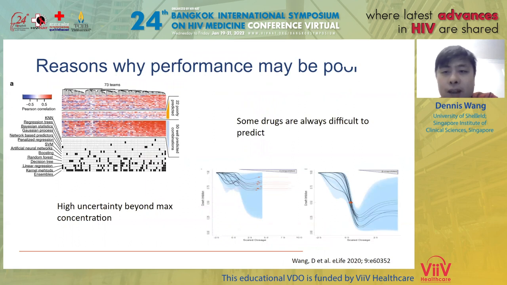But when we look at the predictions a bit more deeply, we can see that certain drugs are predicted well, but there are also many drug combinations that are consistently predicted poorly, no matter what machine learning algorithm is used. So there are characteristics of certain drugs that may just be difficult to learn from.